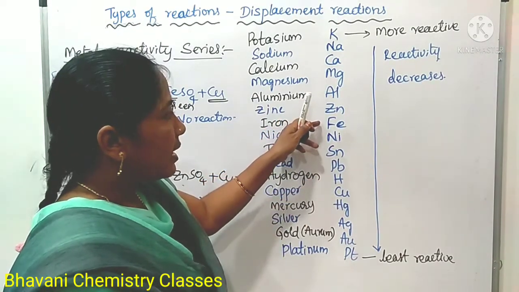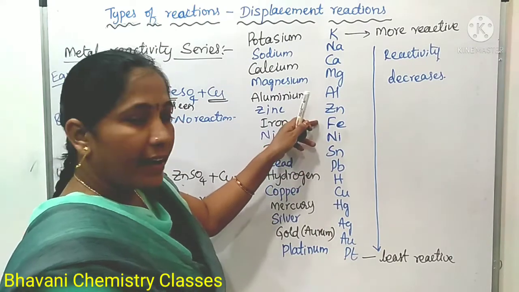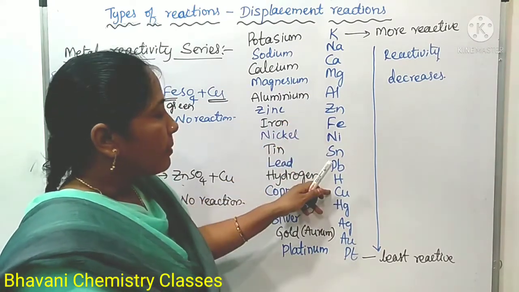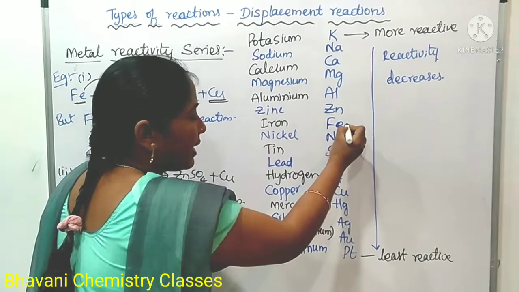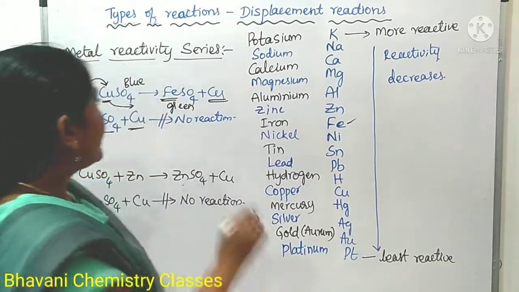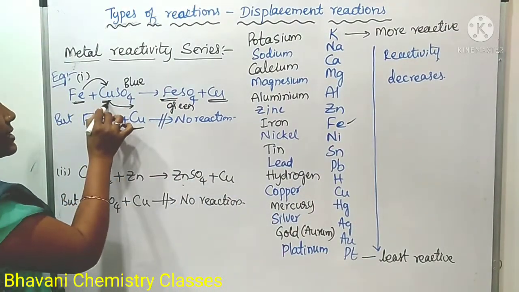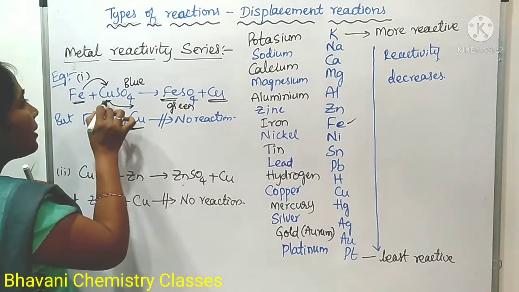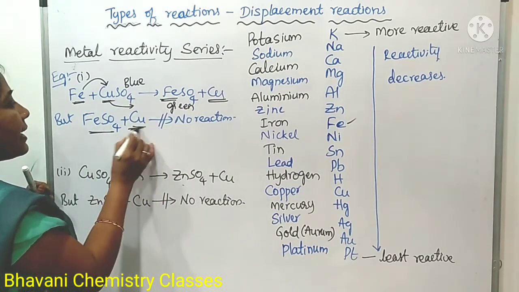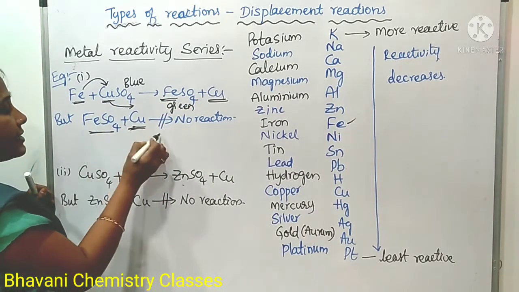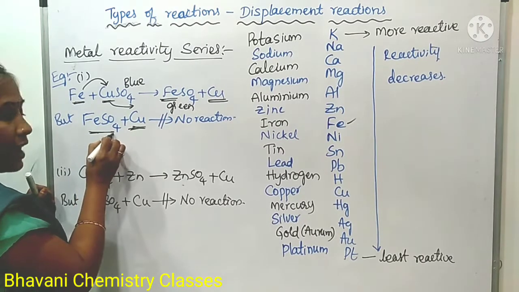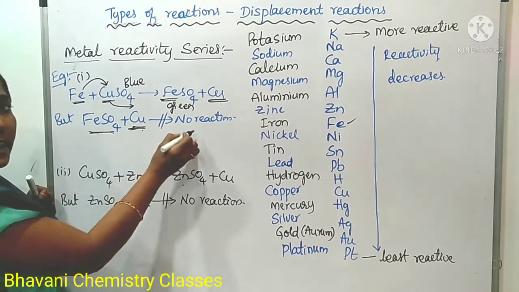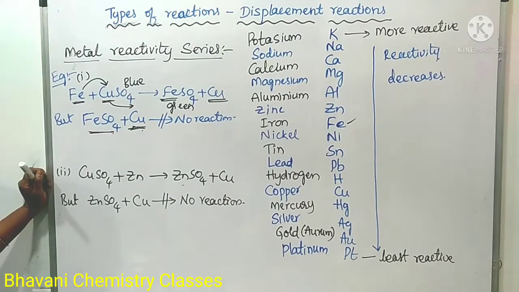Iron is at the top, above the copper. So iron is more reactive than copper. That is the reason iron displaces copper, but copper cannot displace iron. That is the reason if we take iron sulphate plus copper, there is no reaction.